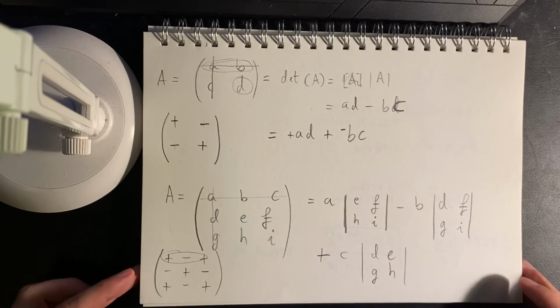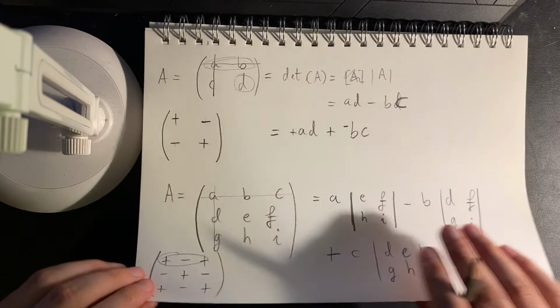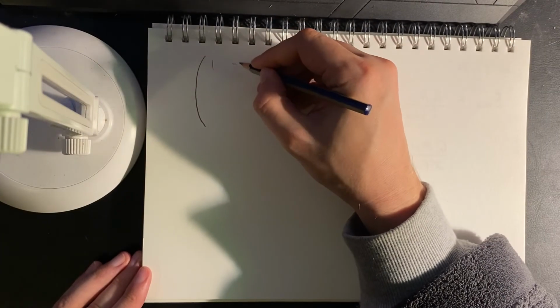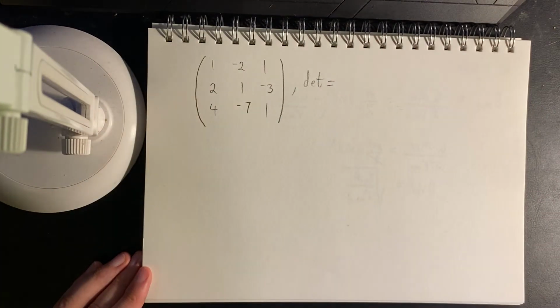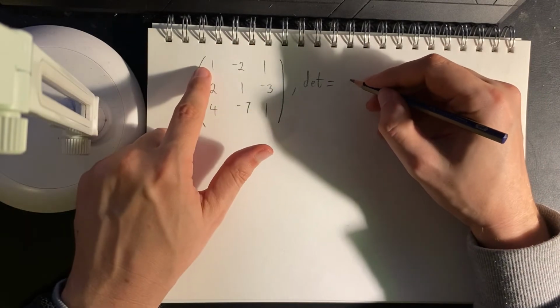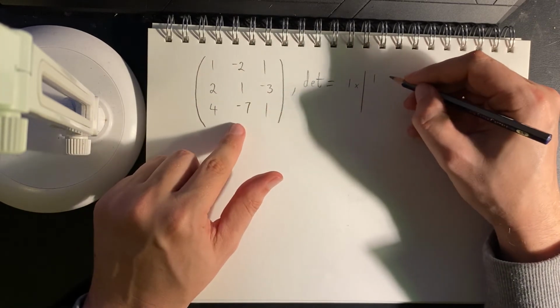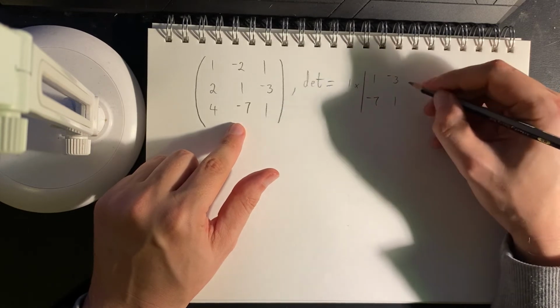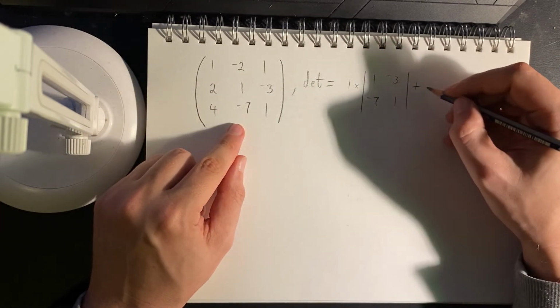Okay, so let's go through some examples. Remember I said that we can use a determinant to check whether a system is solvable. So we'll go back to our first matrix. To get the determinant, again, we'll expand across the first row. So we have 1 times this bit here, 1, -3, -7, 1. Then we have -2. Apply the mask of -1, so that becomes +2.